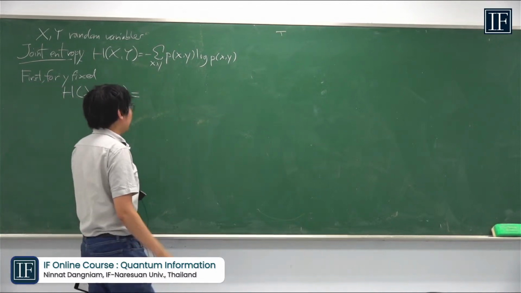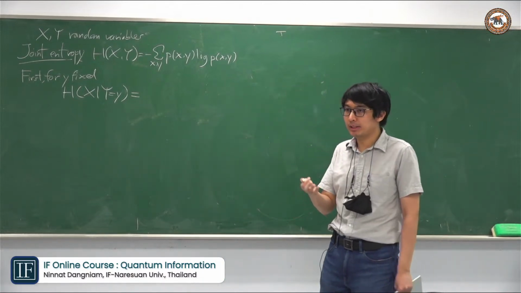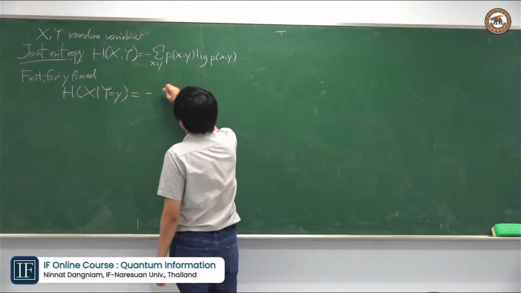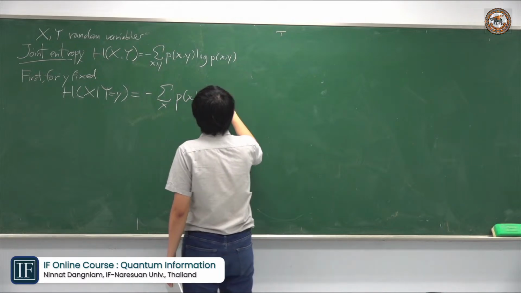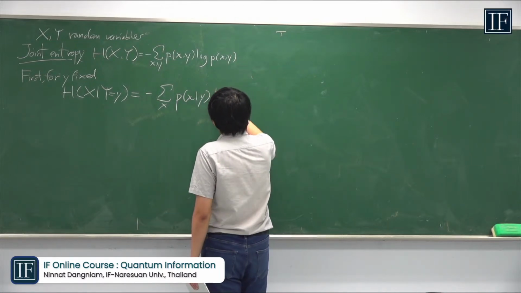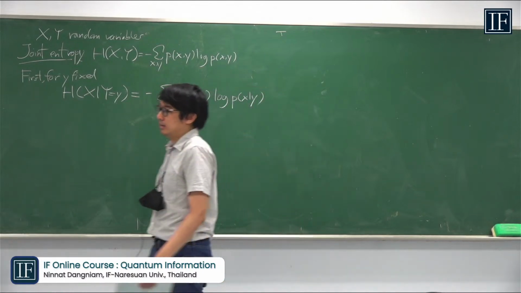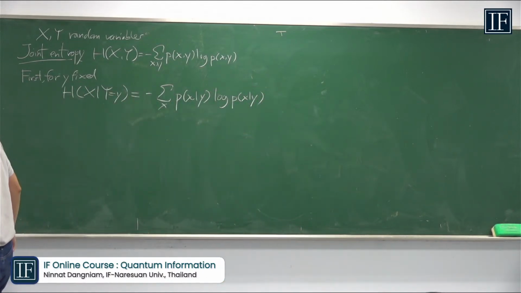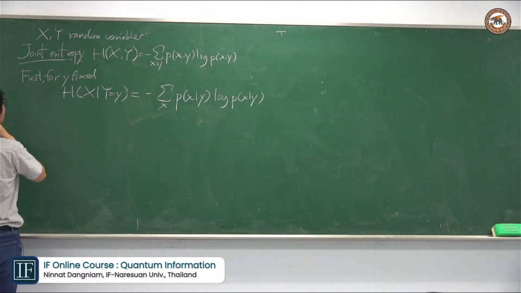Because the conditional probability when Y is fixed is a true probability distribution. And then the conditional entropy is defined as the average of this over all Y.